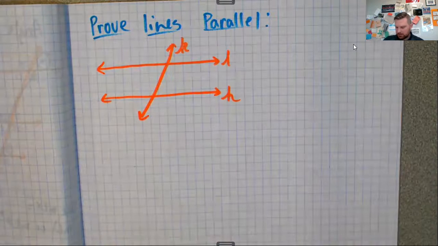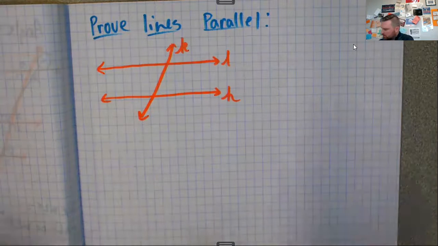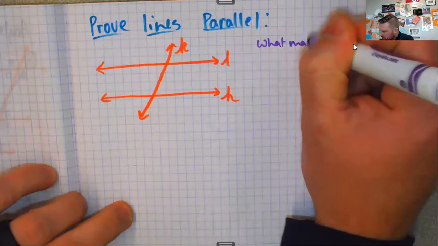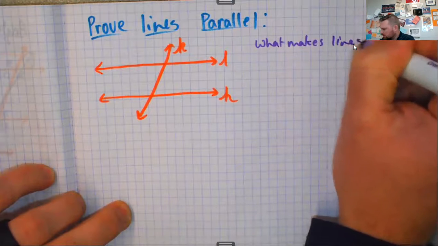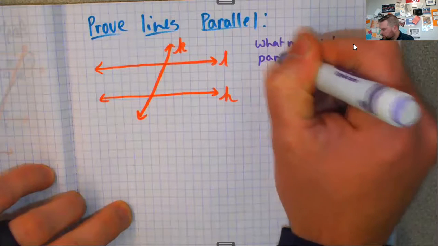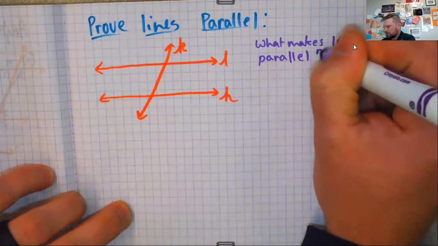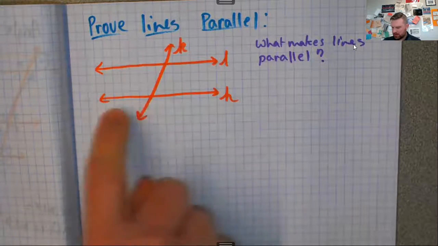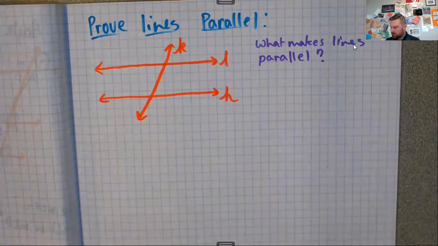Okay, and what makes lines parallel? So what would make line L and H parallel? Well, there's three things on our list.